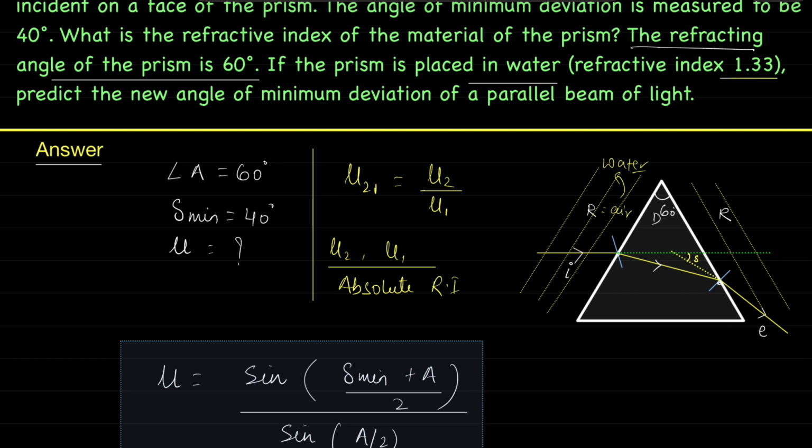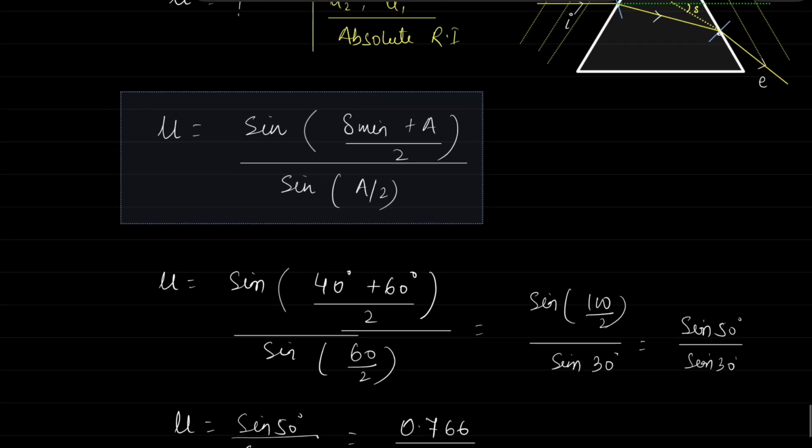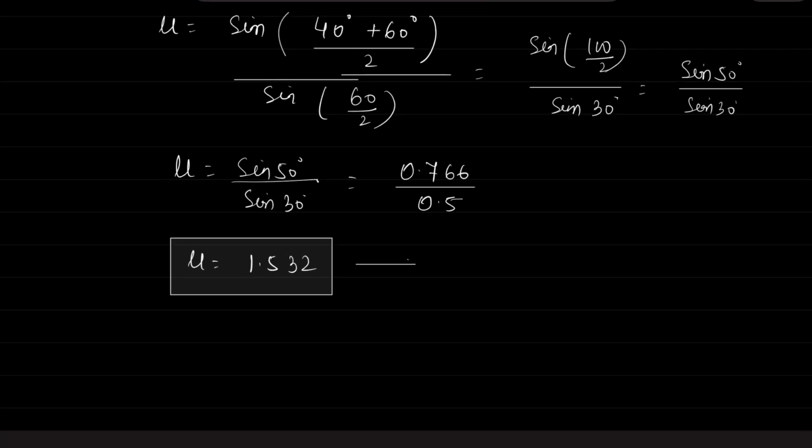So here in this question, the refractive index given as 1.33 of water is the absolute refractive index. And the refractive index that we just found, the refractive index of glass with respect to air, or you can say that we can consider air as a vacuum, so this is the absolute refractive index.